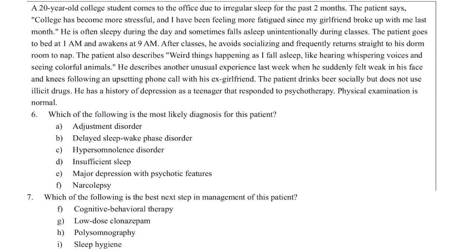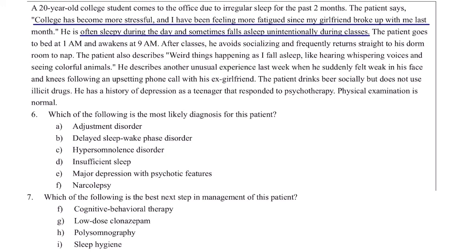Next, we have a 20-year-old college student who comes to the office due to irregular sleep for the past 2 months. The patient says, "College has been stressful, and I have been feeling more fatigued since my girlfriend broke up with me last month." He often feels sleepy during the day and sometimes falls asleep unintentionally during classes.